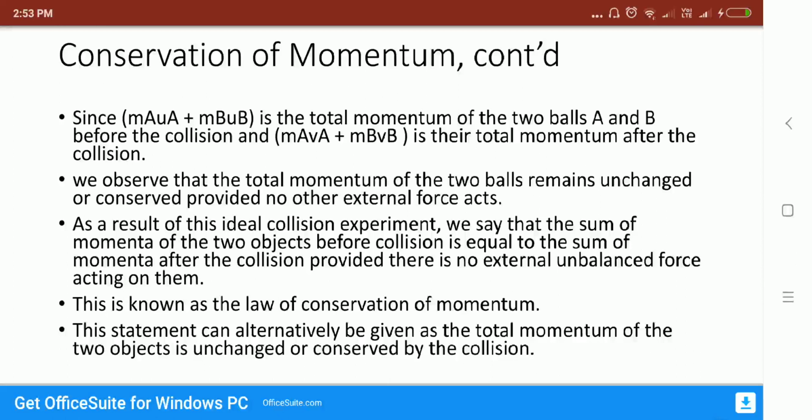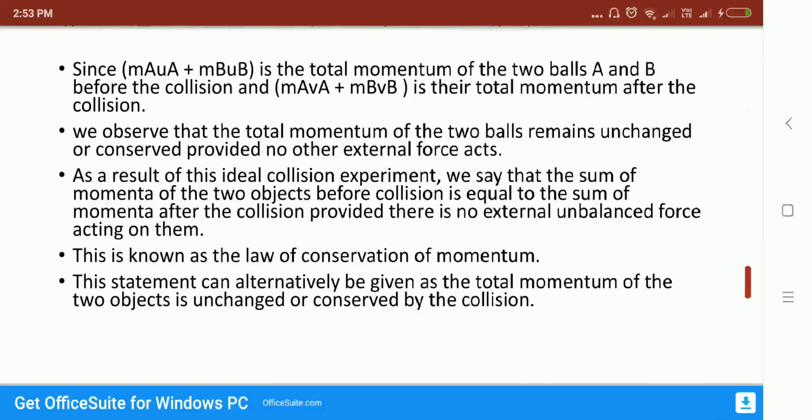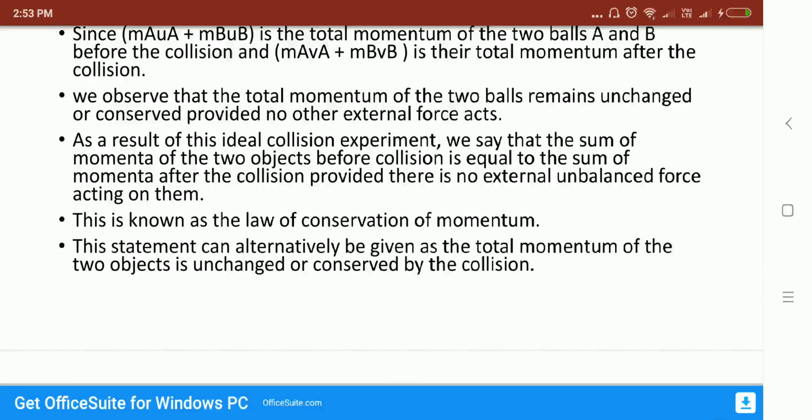As a result of this ideal collision, the sum of momentum of two objects before collision is equal to the sum of momentum after collision. This is how momentum can be transferred from one object to another. This is known as the law of conservation of momentum. This statement can also be given as: the total momentum of two objects is unchanged by the collision.